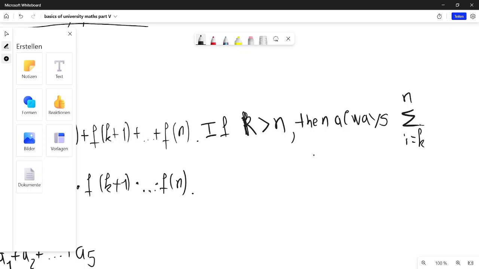There can't be this set. In this case, it's just empty because this set is meant as that, right? But now this is larger than this, and then nothing is in there, right?